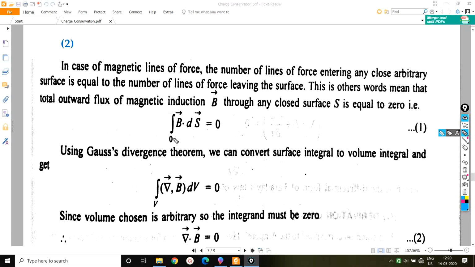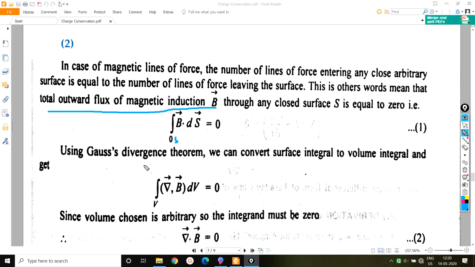Here it's a mistake; it should be surface integration of B dot ds equals 0, because the total outward flux of magnetic field B through any closed surface is equal to 0. That is your Maxwell's second equation.